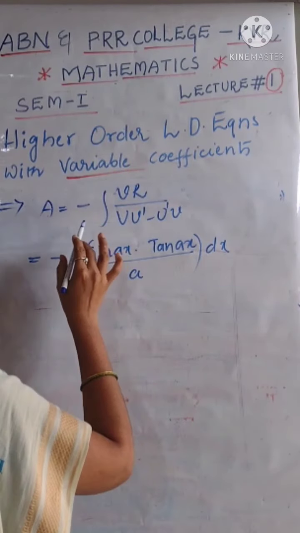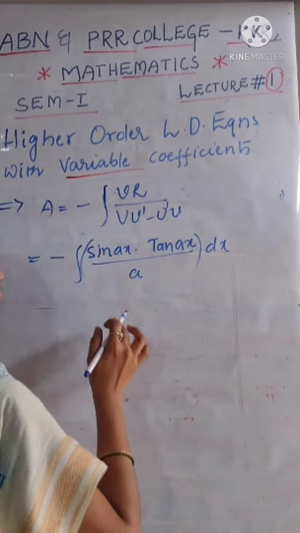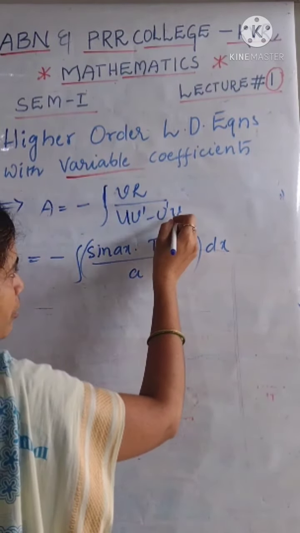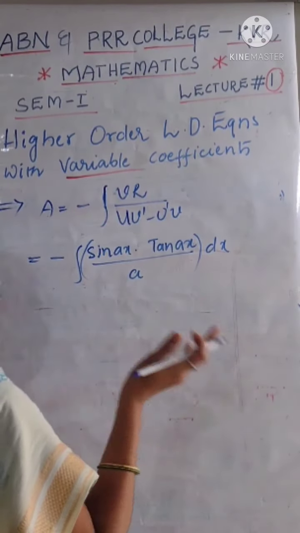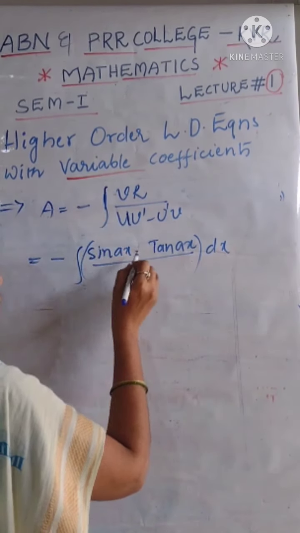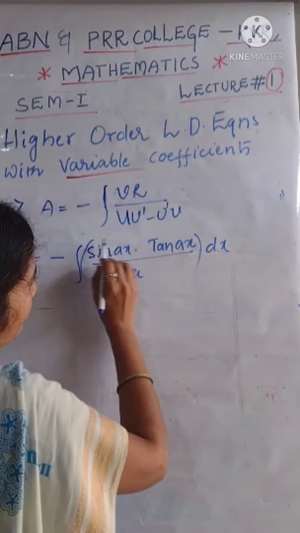So the value of a is equal to minus integral v into r by u into derivative of v minus derivative of u into v. Let us replace all those values whatever we had already marked. The v value is sin ax and the r value is tan ax. And what is the denominator value we obtained?